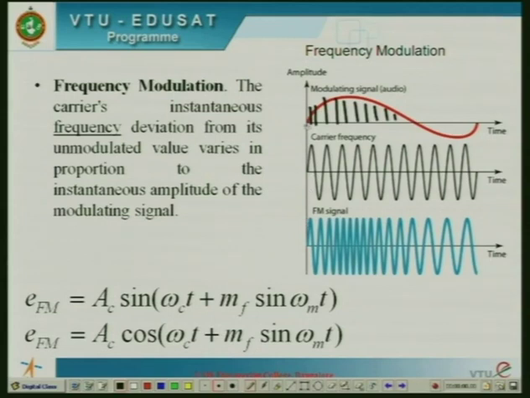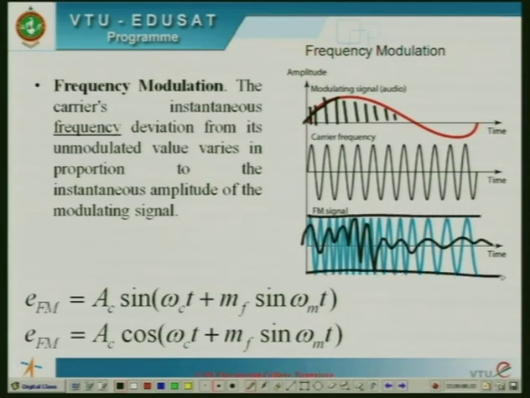If the magnitude slowly increases, the frequency increases, and then it reduces. The amplitude of the carrier remains the same, a constant amplitude, and only the frequency deviates. The frequency increases or reduces depending upon the strength of the modulating signal, and that is what we call frequency modulation.